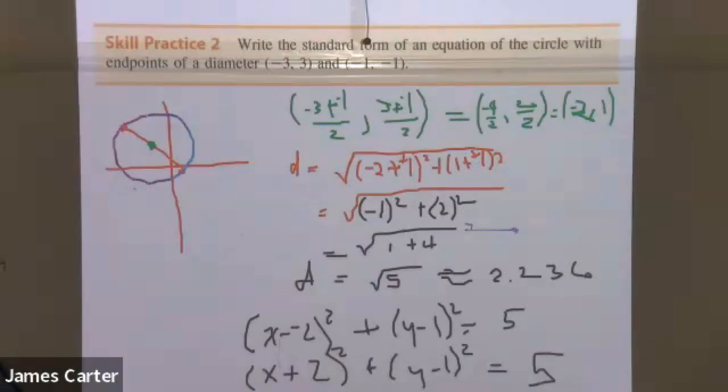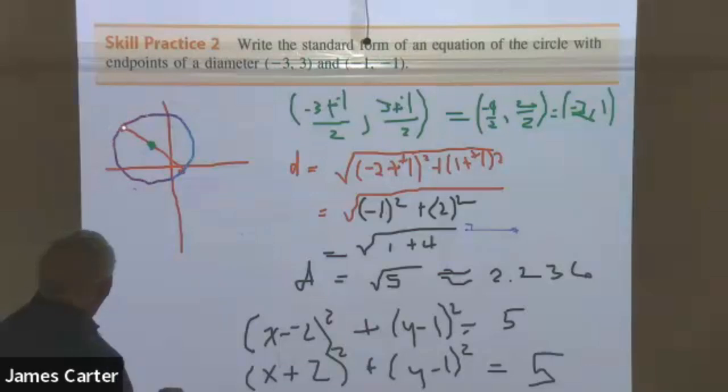Okay, here's another one. Uh-oh, this time I gave you the diameter of a circle. I tell you the radius. So we can take one of these points on the end and the midpoint of that for the center. Does that make sense?